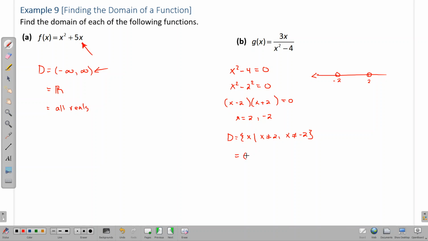We're going to start at negative infinity, we can go all the way up to negative 2, but we cannot include it, so we use a parenthesis. Union, the middle interval, negative 2 to 2. Union, 2 to infinity. Either notation is acceptable. I prefer this, but I do believe MathXL is going to do mostly this, at least at the beginning.